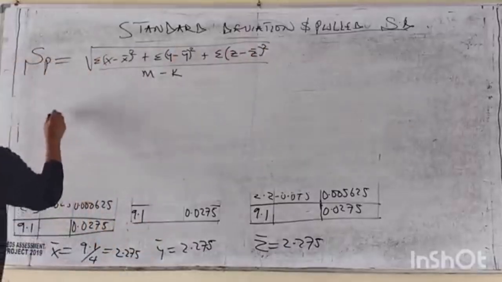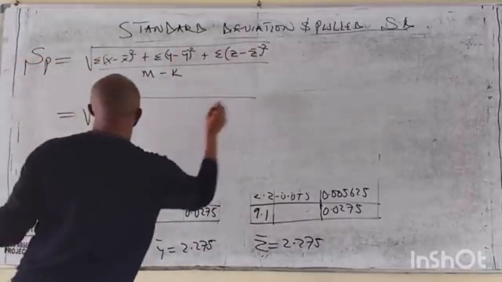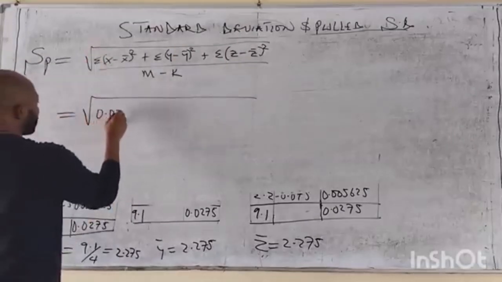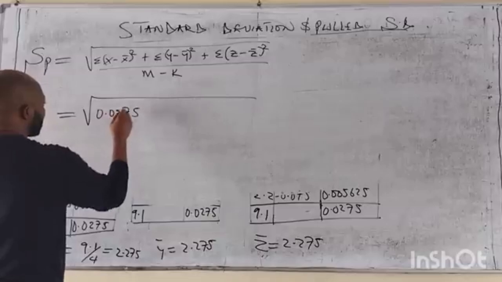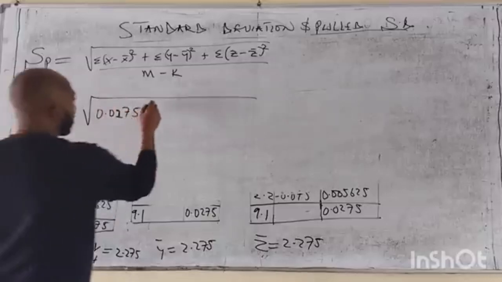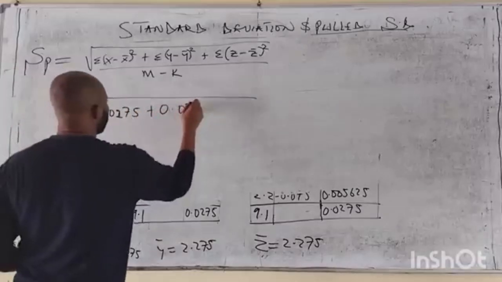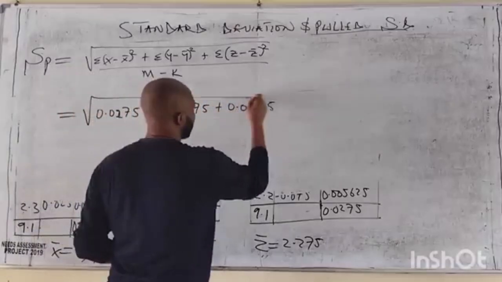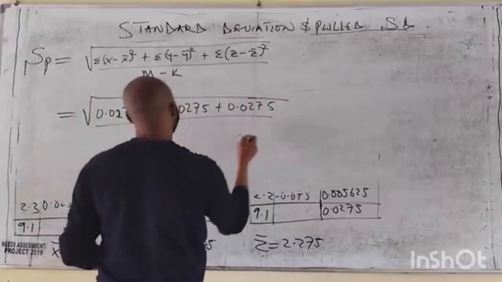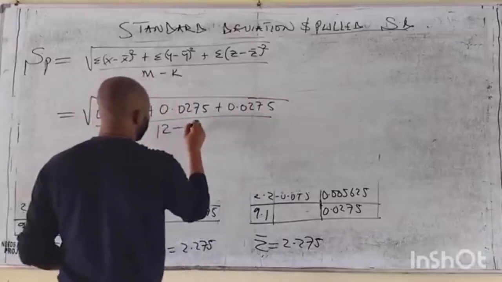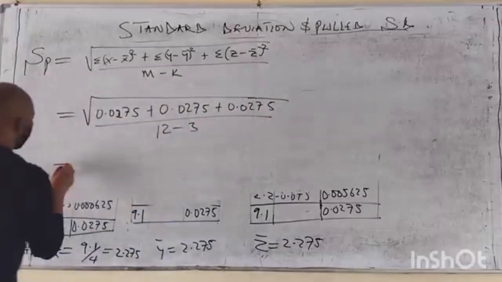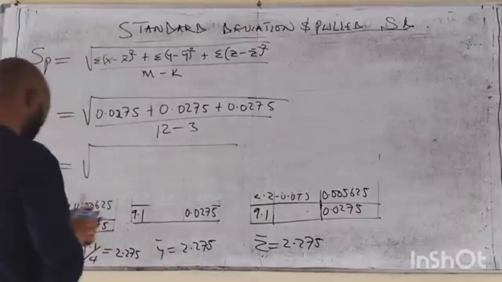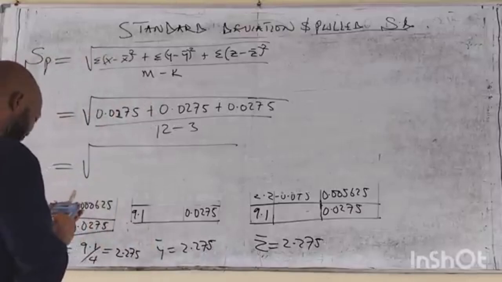So here, this is equal to my x, which is 0.0275, squared, plus 0.0275 plus 0.0275, all over my n, 12 minus 3, which is 9, and this is equal to 0.0275.